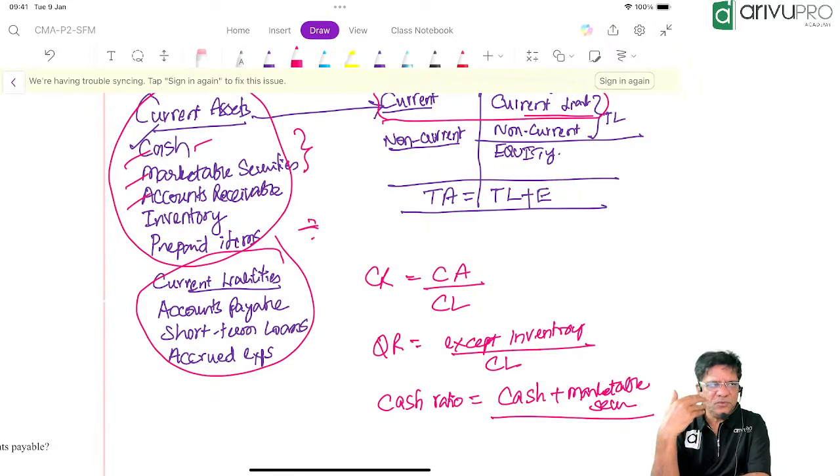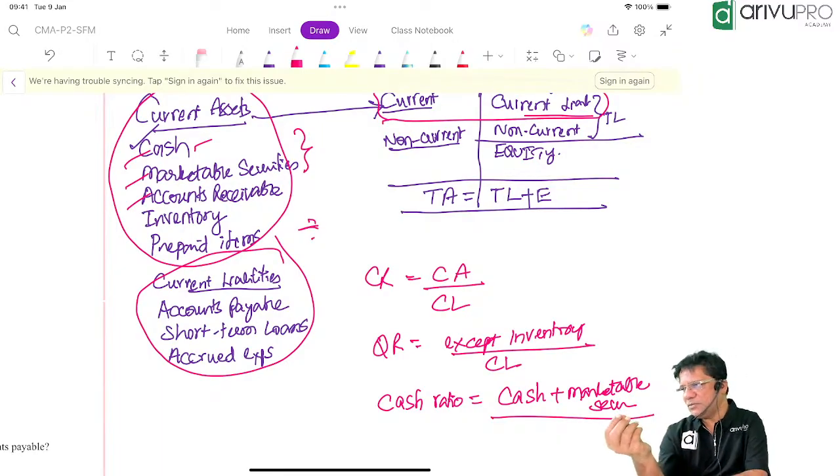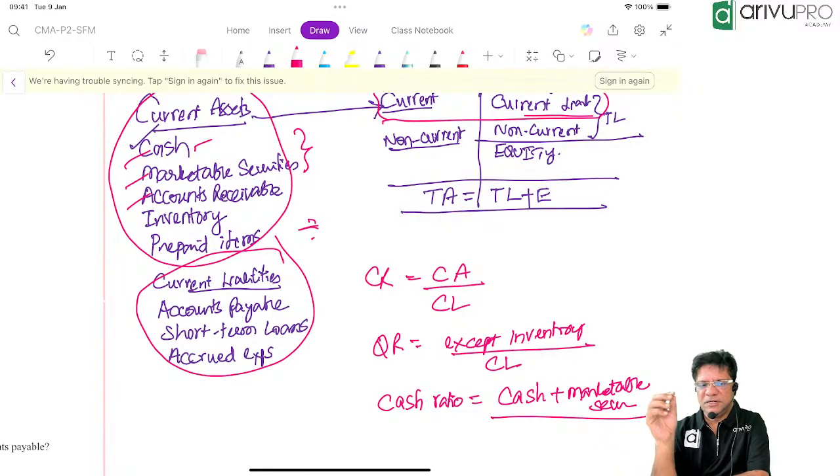After shipping the goods to you, maybe 30 days. 30 days is our credit term. You should pay me in 30 days. A little bit of delay is okay. But whichever portion is not collected is called accounts receivable.